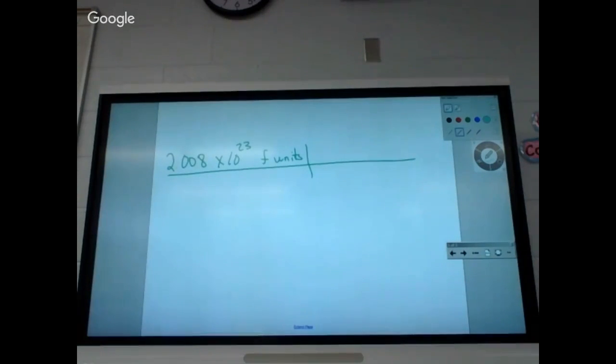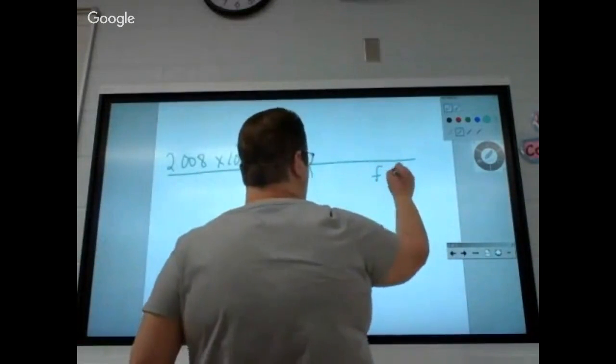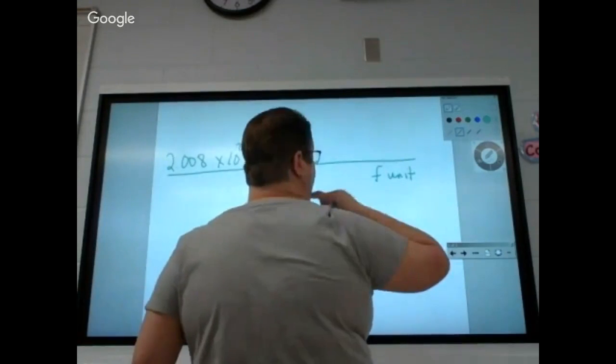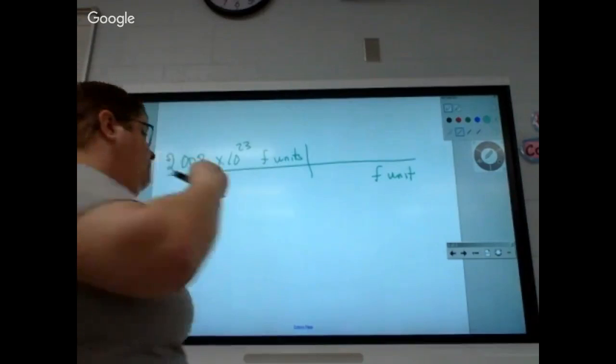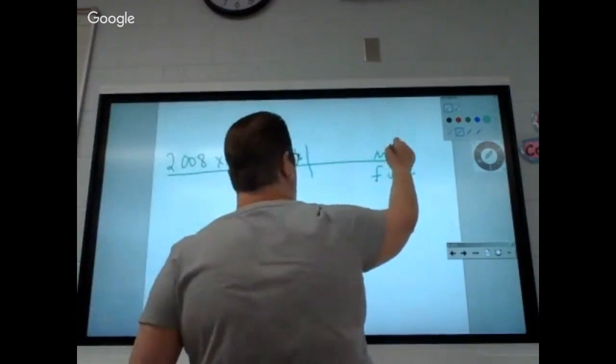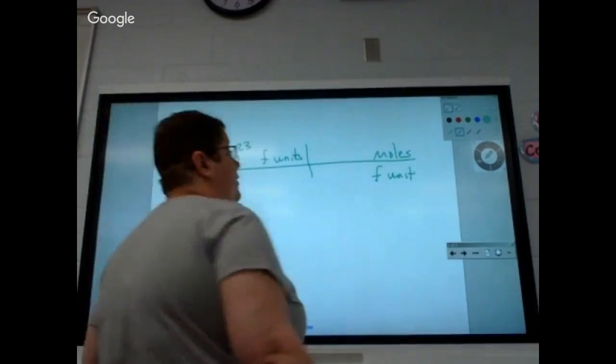All right, so number 7, it says how many moles of each of the following. So what's going on the bottom, Tomas? Okay, formula units. And from a formula unit, we go to what? And because the question said how many moles, do we need to keep going? No. So we're done at this point.